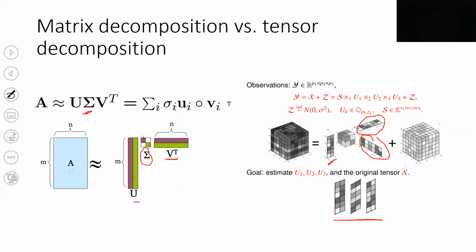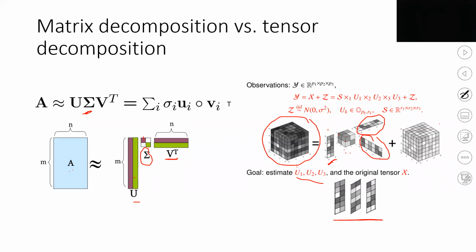And when you multiply these three rotation matrices along with these scaling factors in the diagonal position of the cube, you can reconstruct roughly the same original data, with some noise or some level of deviation that cannot be captured by those.